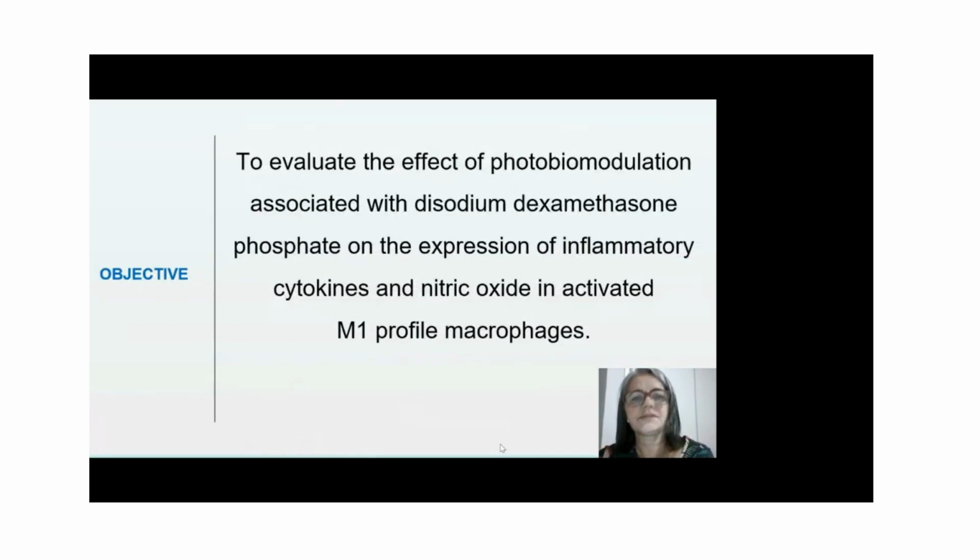The objective is to evaluate the effect of photobiomodulation associated with disodium dexamethasone phosphate on the expression of inflammatory cytokines and nitric oxide in activated M1 profile macrophages.